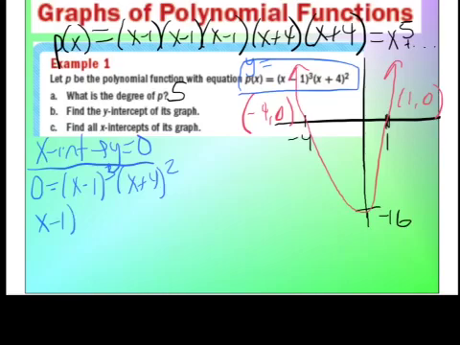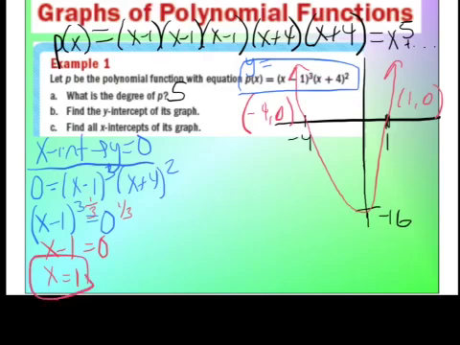So this is the first factor, set it equal to 0. Now to solve for x, I have to get rid of the cubed and the minus 1. First get rid of the cubed by raising it to the reciprocal of 1/3, which is the cube root. 0 to the 1/3 power is just 0. And then this is x minus 1, which you solve, and you're going to get x is equal to plus 1, which is the one x-intercept that we already determined.